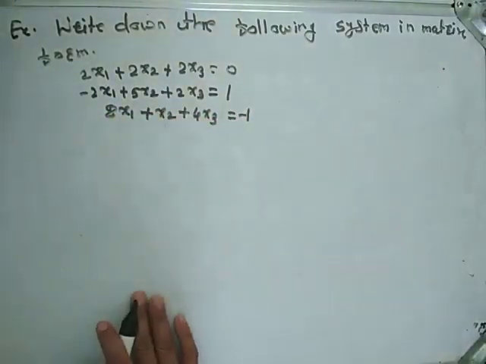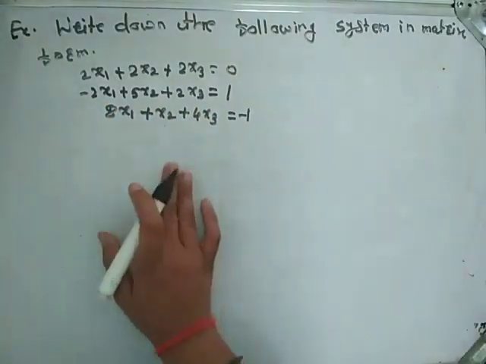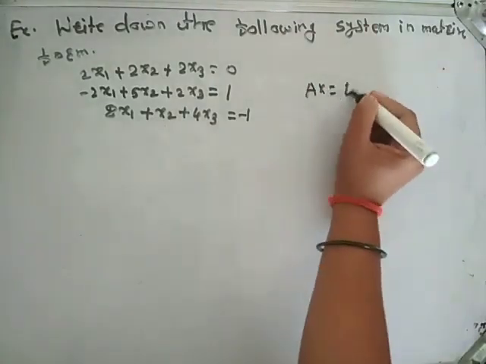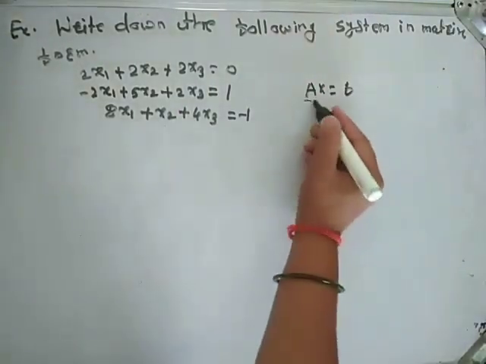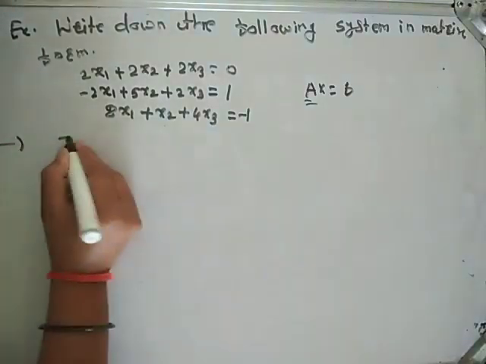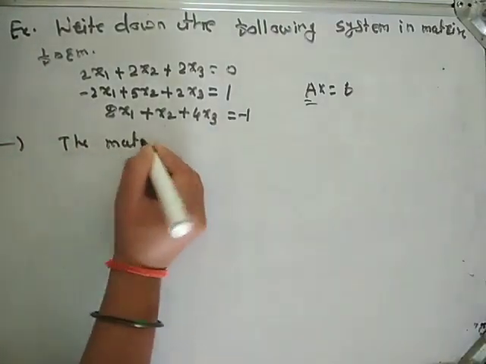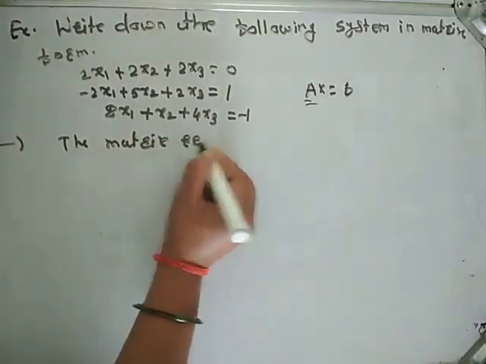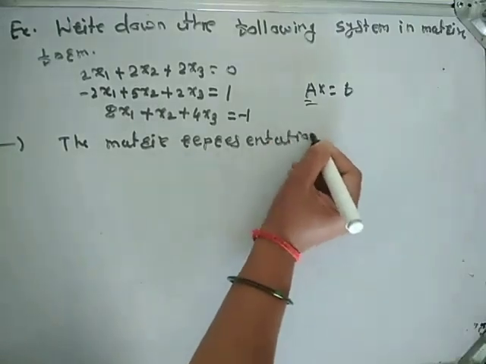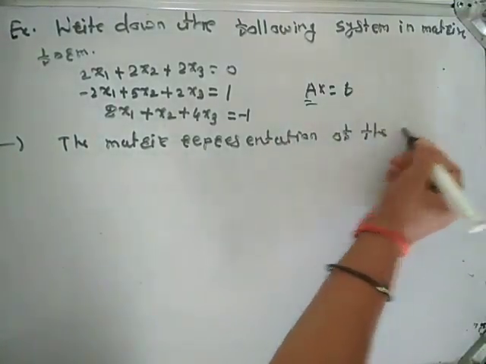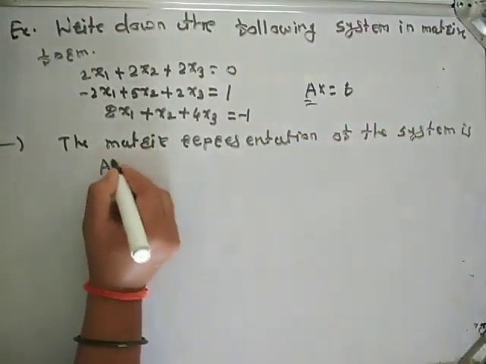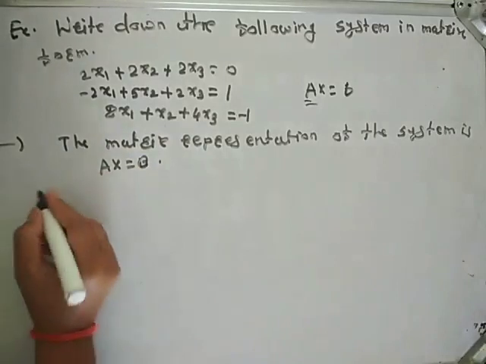As previous we have seen, matrix form of a non-homogeneous system is A into X is equals to B, where A is the coefficient matrix of the system.